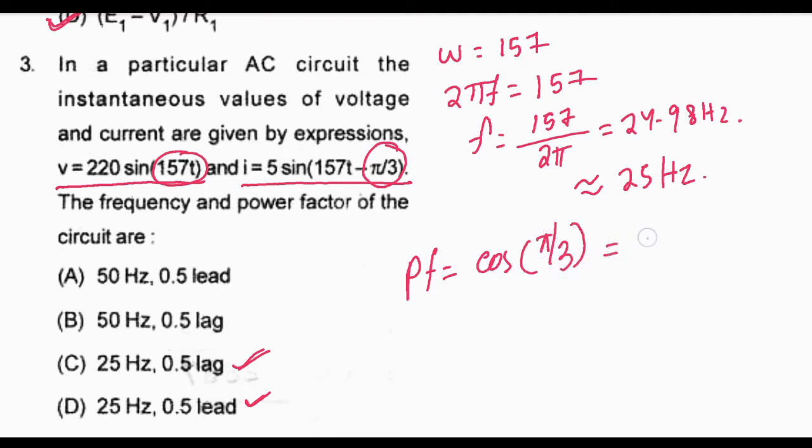So this will be 0.5, and the main thing here is current is lagging behind the voltage by pi by 3. This is why the minus sign is given. So we can write that power factor is 0.5 lag. So the answer will be option C, that is 25 Hz and 0.5 lag.